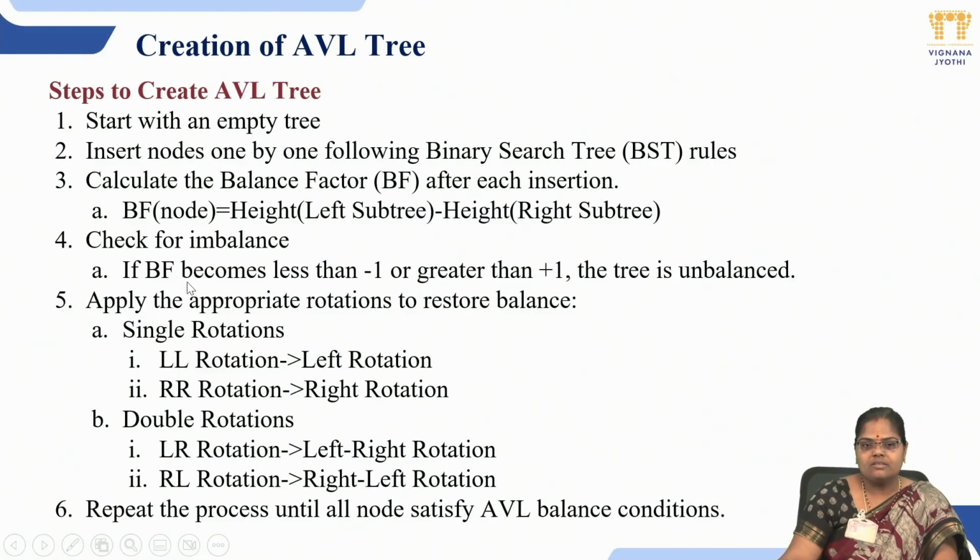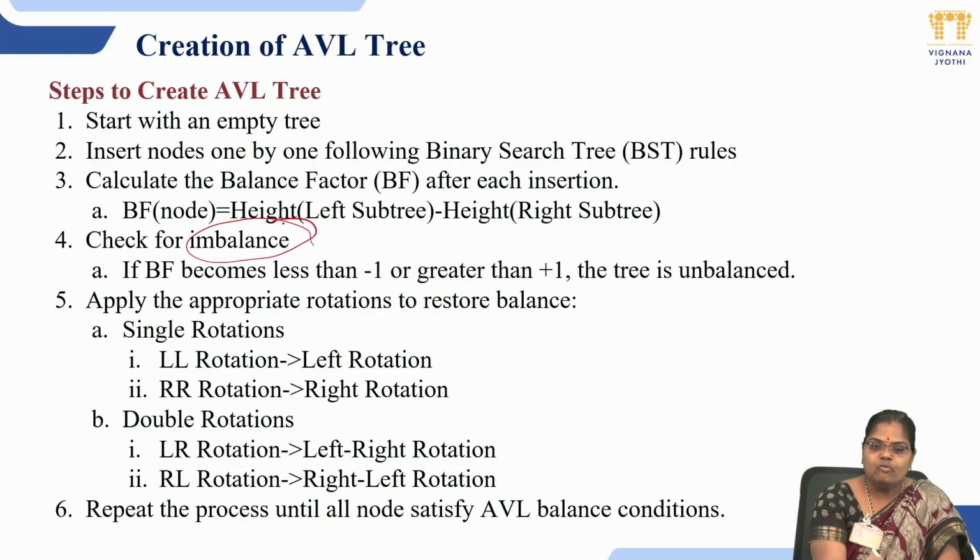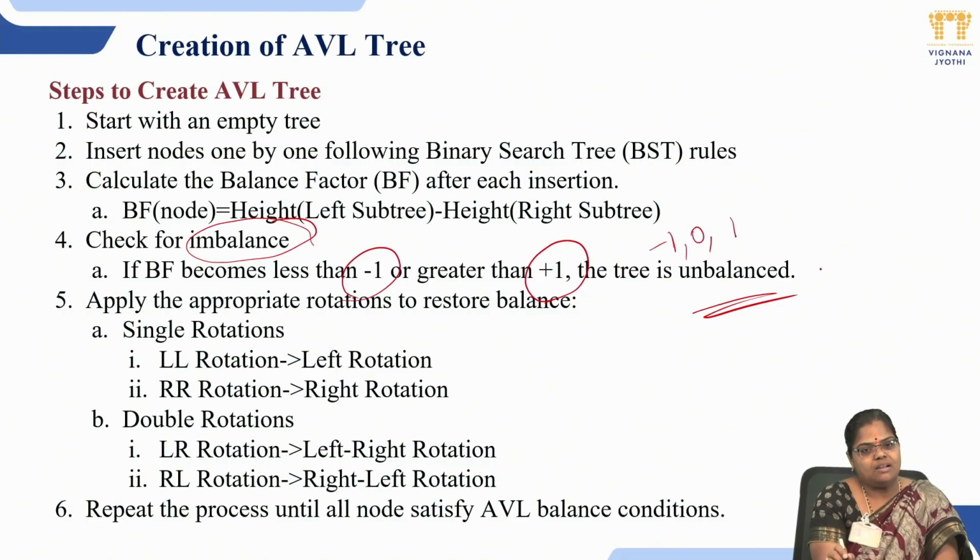Now, after we calculate the factors, we check for imbalance. What can be the balance factor where we will get this imbalance? Less than -1 or greater than 1. Which means that if a balance factor is -1, 0, or 1, then we consider it to be balanced. Other than these three values, if we get any other values, then obviously we'll consider it as unbalanced.